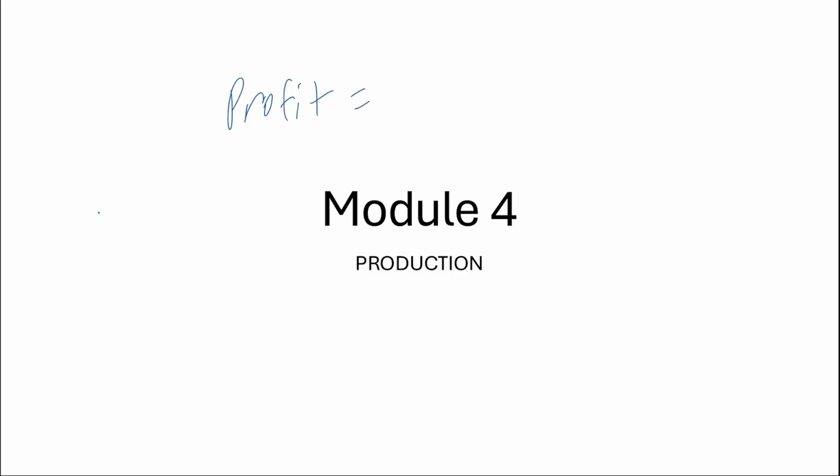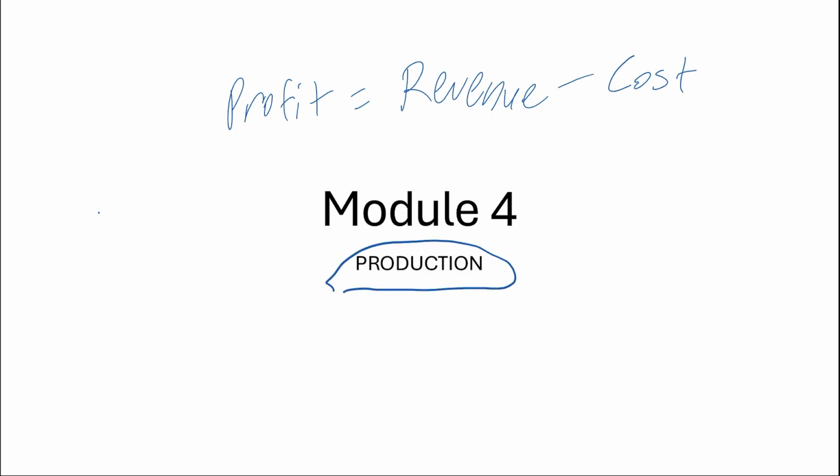And we don't need to go back to Business 101, but if profit is revenue minus cost, this section about production is really more about this cost side. So how do our inputs that we're using relate to the output that we're producing?